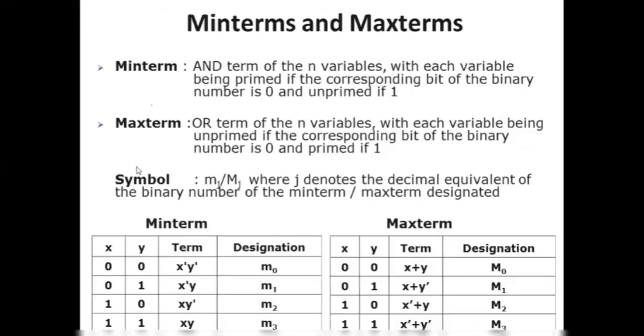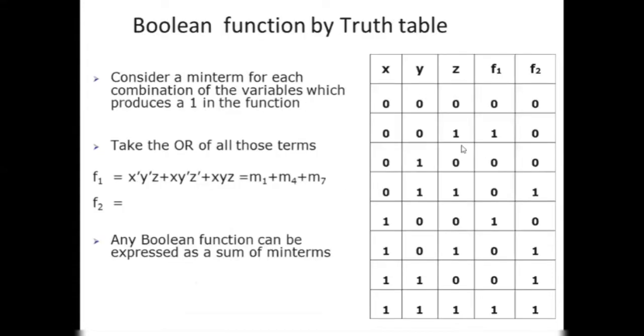You can consider that x dash y dash is x0 y0 in min terms. So you have to find the values for these min terms: x dash y dash z, which is 1, and x y dash z dash, which is 1, and x y z, 1. So that's how you can represent a Boolean function using a truth table like this.